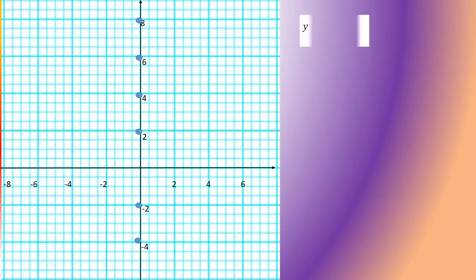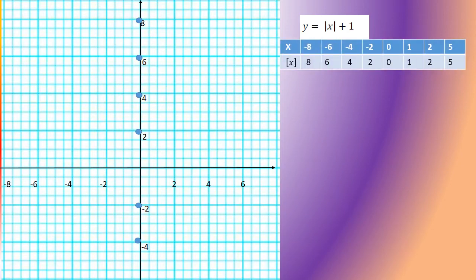Now we are going to plot the graph y equals modulus x plus 1. When you are to plot the graph, you can prepare a small table taking a few x values: minus 8, minus 6, minus 4, minus 2, 0, 1, 2 and 5. Modulus means you remove the negative sign.